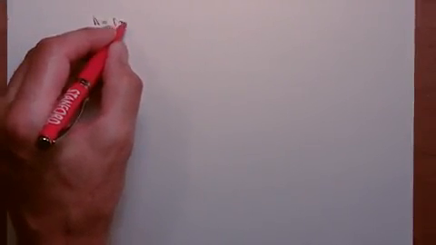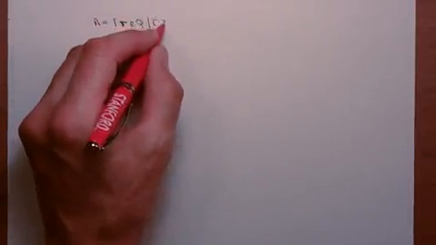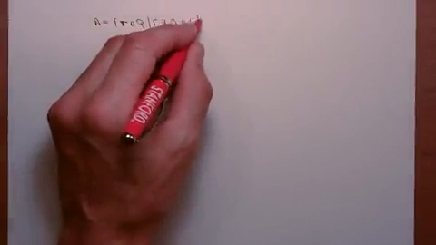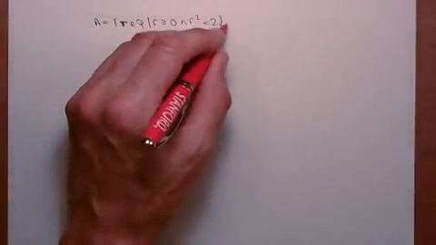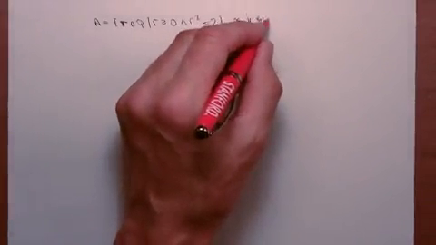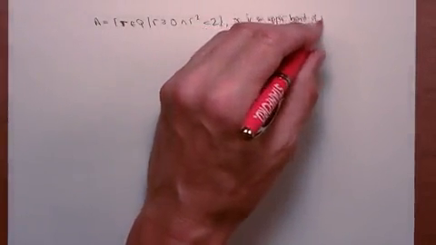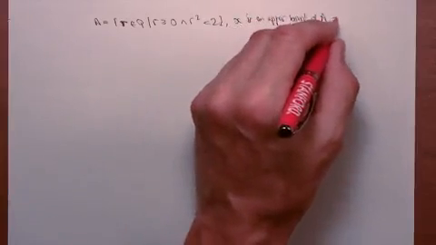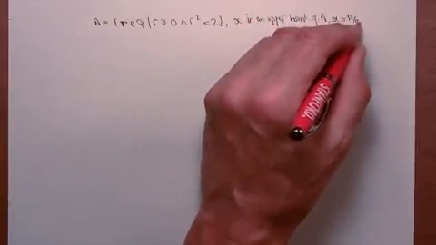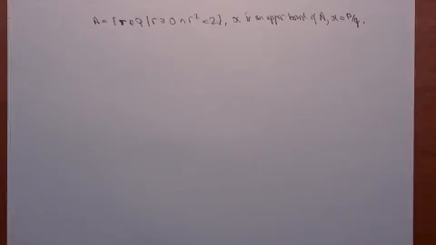Let me recap where we've got to. We let A be the set of all rationals that are non-zero and for which r squared is less than 2. We let x be an upper bound of A, and we had x in the form p over q, where p and q are integers.